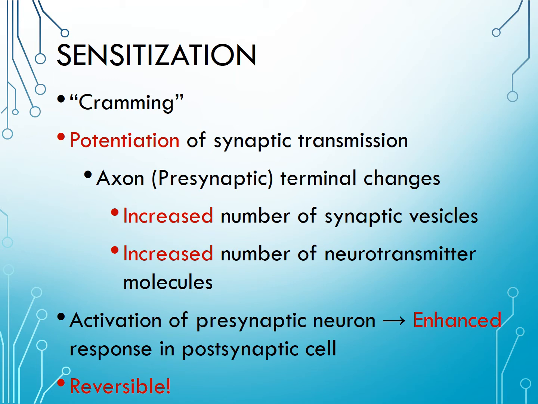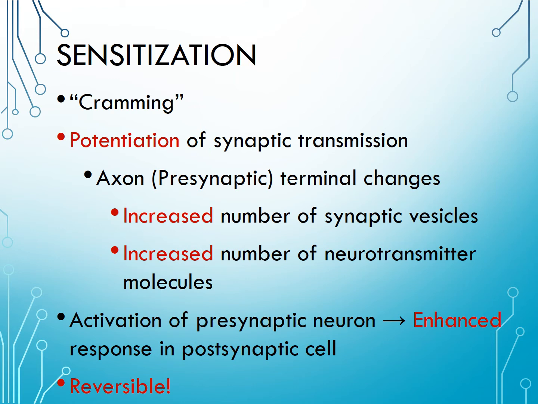Cramming is a perfect example of how we sensitize the nervous system. We potentiate synaptic transmission or enhance synaptic transmission. We do this by having the presynaptic terminal increase the number of synaptic vesicles it contains so it can hold more neurotransmitter, and to release a greater number of neurotransmitter molecules when the action potential comes down and causes opening up of the calcium channels.